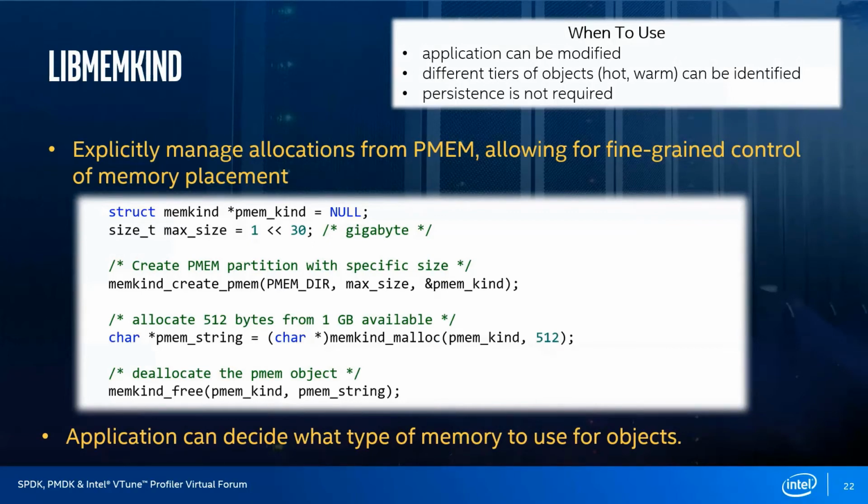That creates a need to have two separate memory heaps, and libmemkind is exactly that. It gives you a memory heap for your PMEM, but not only PMEM, also other types of memory, like HBM.